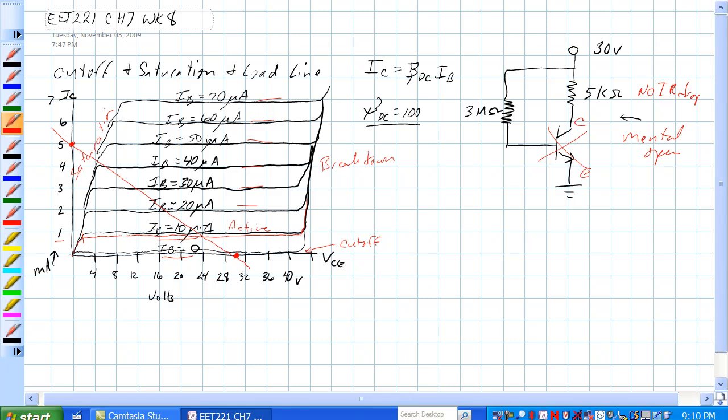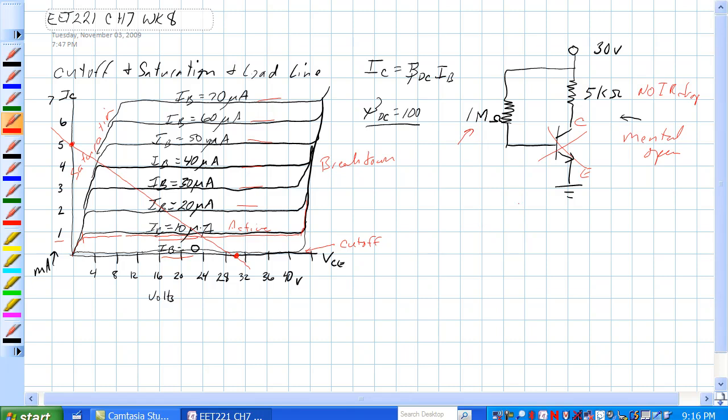The operating point for this one, let's see if we can figure it out. Oops, I changed this from 3 megohms to 1 because 1 makes it come out better.